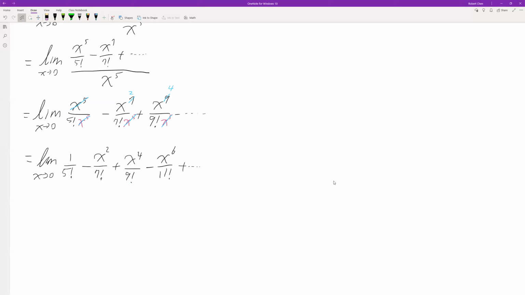That means when we take the limit as x approaches 0, all these terms after the first term are going to go to 0. So the limit actually goes to 1 over 5 factorial, being the only constant term, which is 1 over 120. Okay, and that's it.